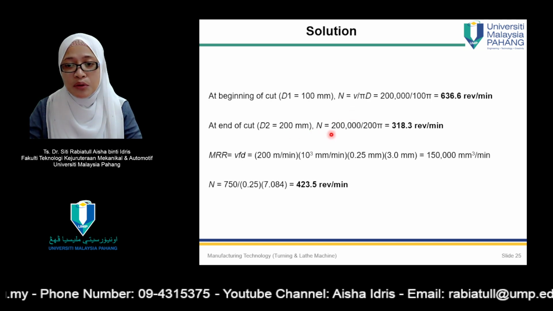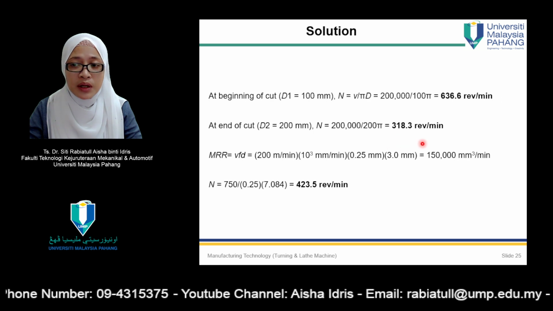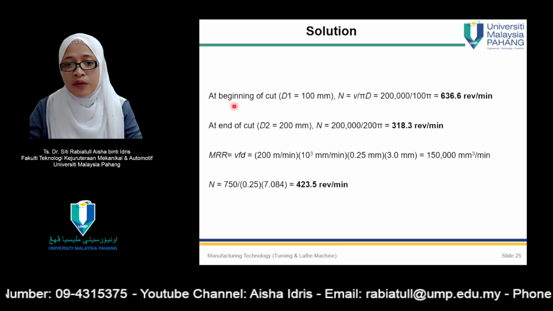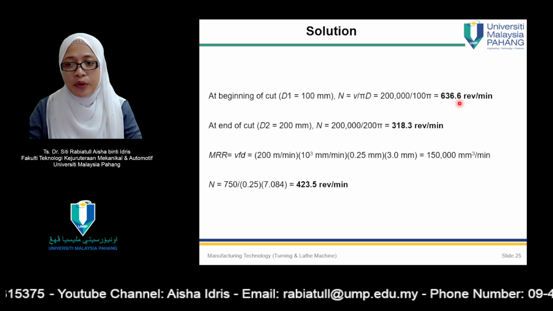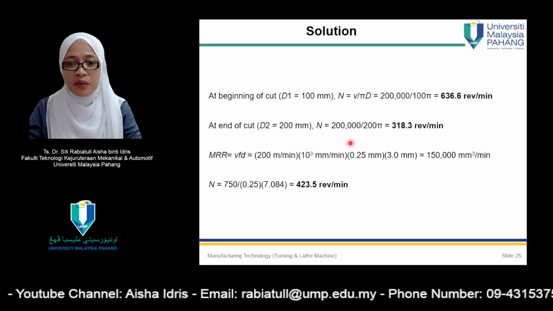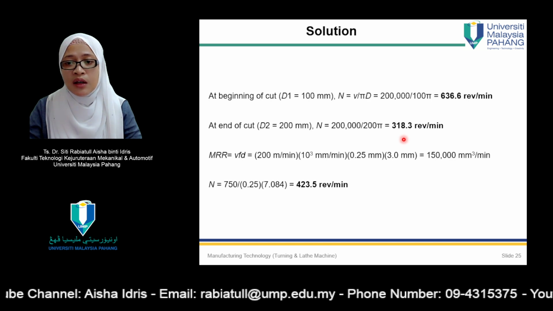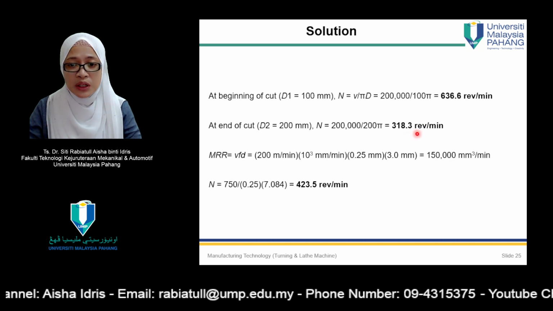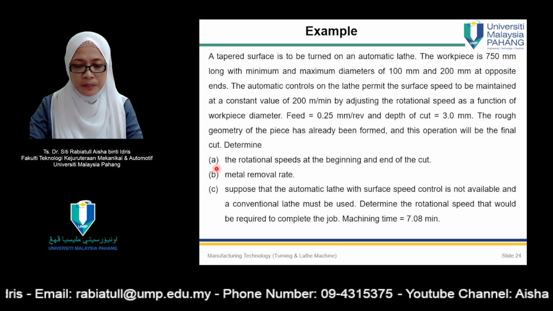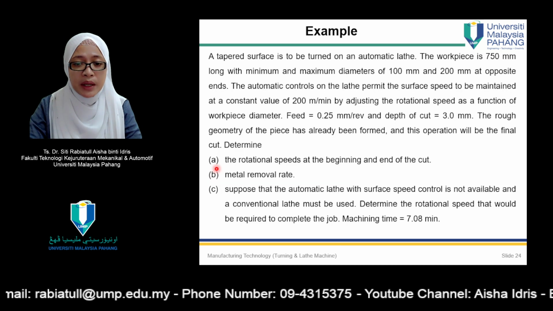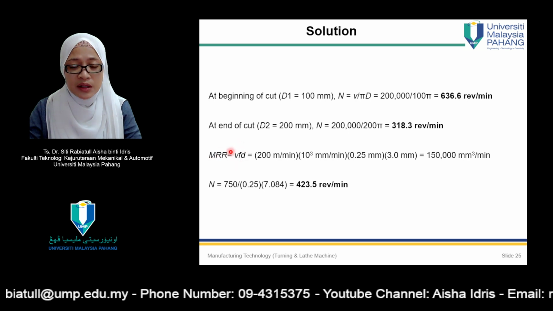So substitute all the information there. You should be able to get the speed, which equals, for the beginning of the cut, 636.6 revolution per minute, and at the end of the cut, 318.3 revolution per minute.